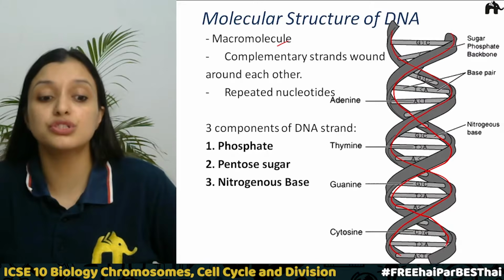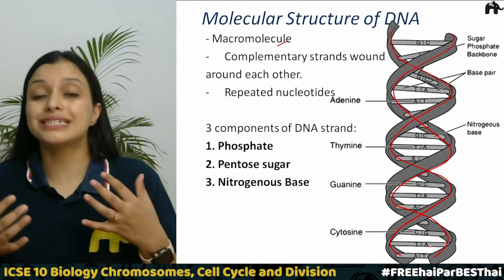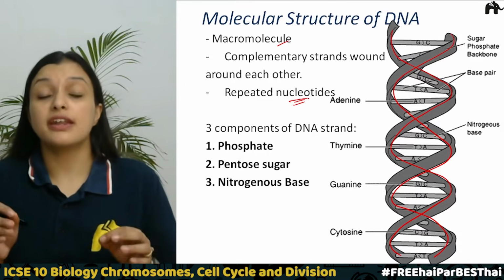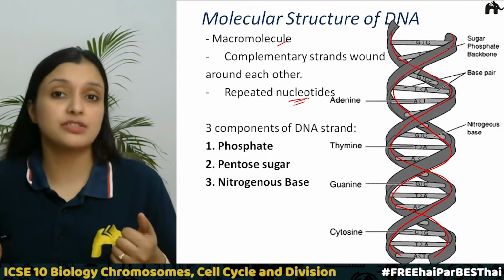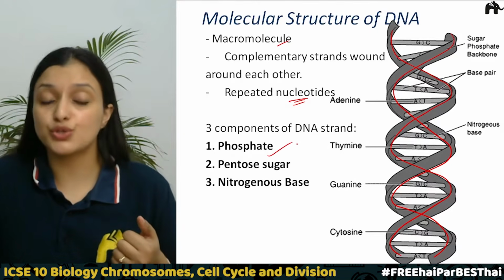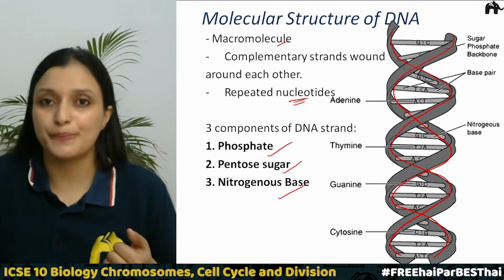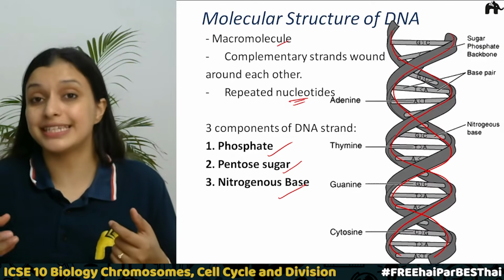These are the two strands bound to each other, and there are repeated nucleotides. And what are these nucleotides? There are three components of the nucleotides: a pentose sugar, a phosphate group, and a nitrogenous base. Let us talk about these nucleotides in detail.